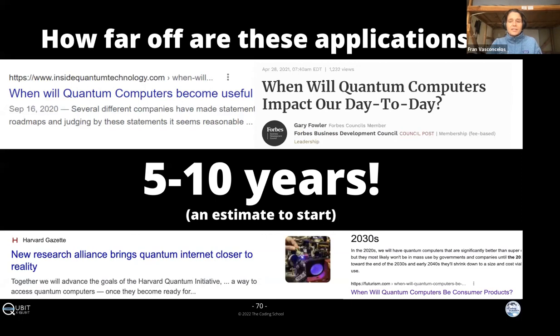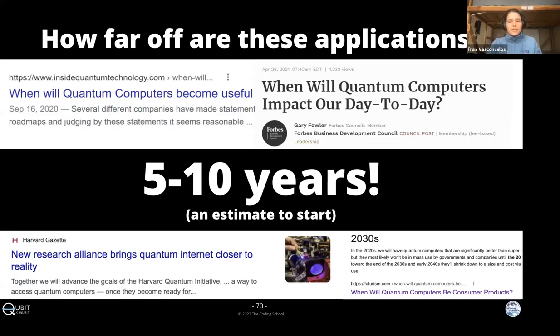And there are a lot of estimates for when we will actually be able to have these kinds of large, less noisy quantum computers that are good enough to run some of these algorithms at a large enough scale where they can make an impact on important problems.